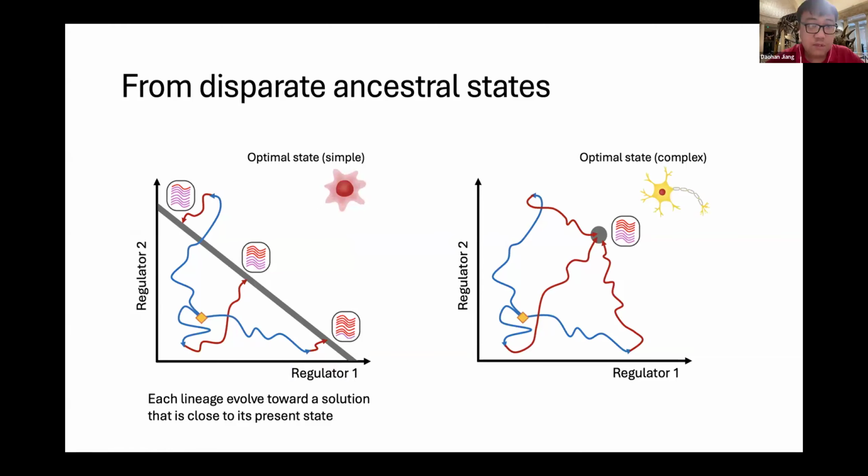Then in stage two, selection is imposed. If there exists a whole line of expression combinations that produce the optimal phenotype, then each lineage is likely to evolve to a solution that's close to its state at the end of stage one. But if there's only one single solution, then the selection would push them all there anyway.